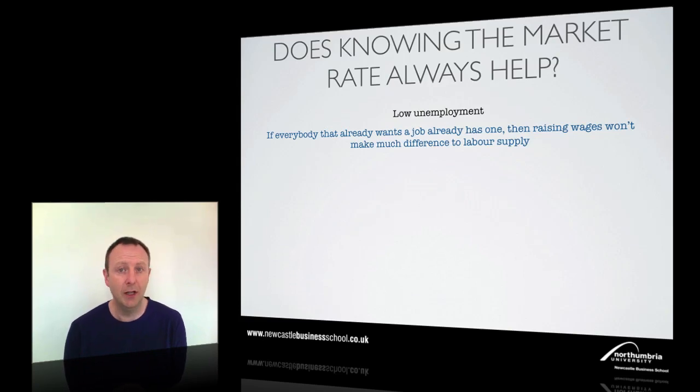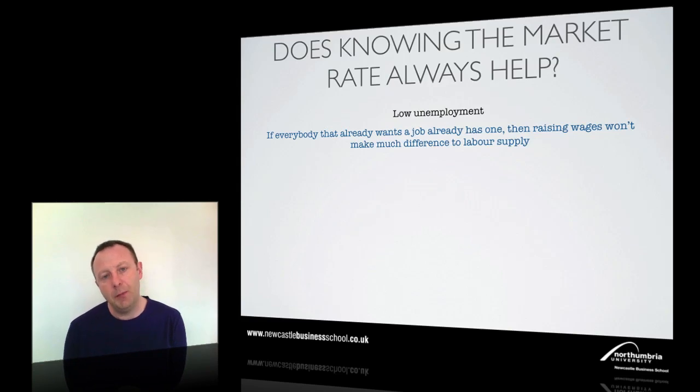So sometimes knowing what the market rate is isn't always incredibly helpful in terms of identifying for organisations how they should pitch their particular competitive stance. So there are a number of situations that we might want to consider.